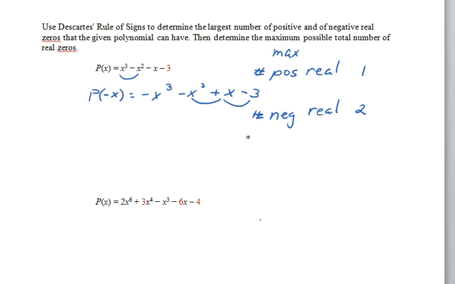In this case, the number 0 itself is not a zero, so we don't have any additional to report there. And so the total for the maximum possible real zeros is 3.